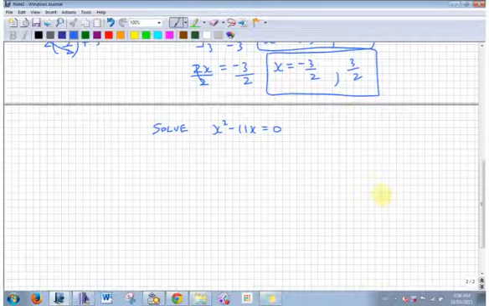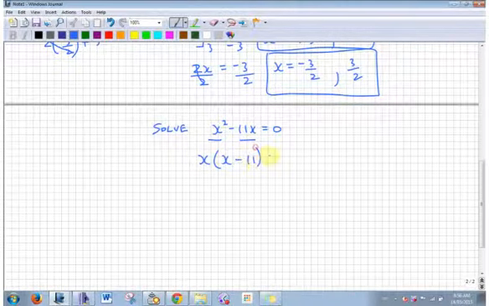Is there a common factor I can take out of both of these two terms? X. Let's do that. Because that, if you remember, should always be your first step in Math 10. Is that the same thing? Okay. This is actually a lot easier than you thought it was.